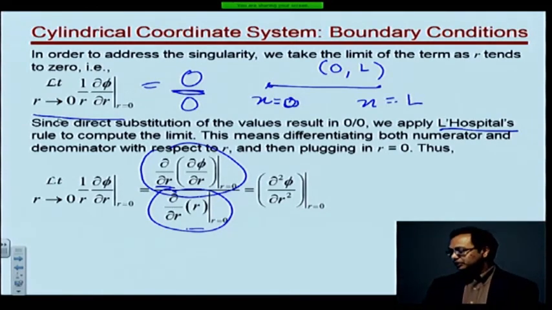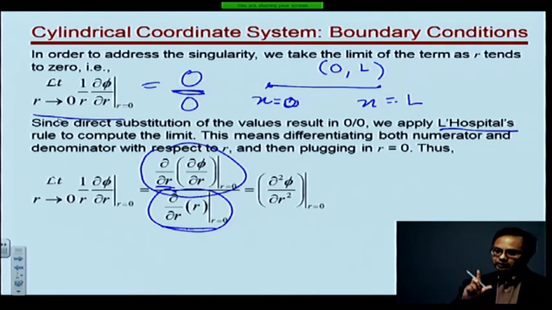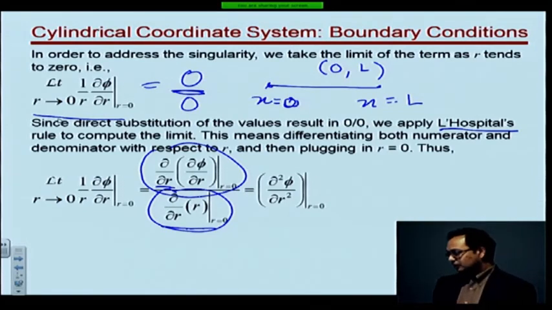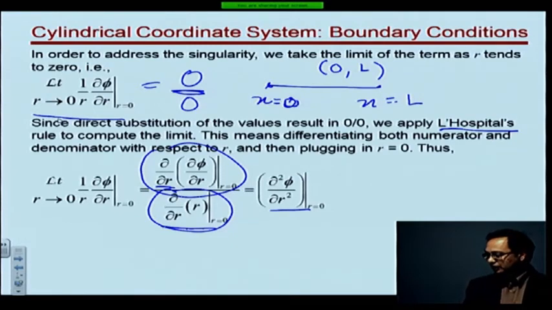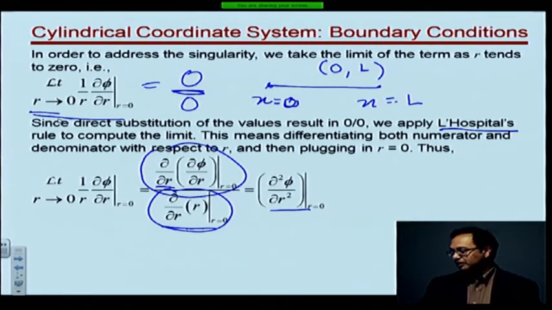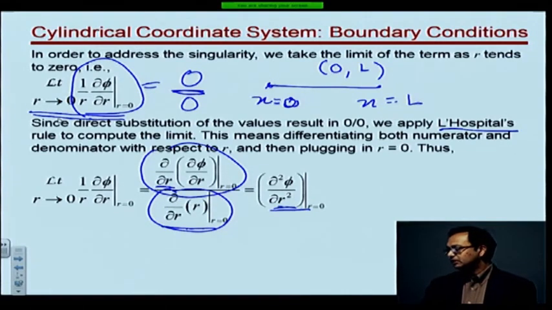Clearly you can see that the denominator, once we differentiate once, we just get 1, the constant. And then the numerator, we get the second derivative with respect to r, which gives me d square phi dr square at r equal to 0. Therefore in the limit r tending to 0, this quantity 1 over r d phi dr simply becomes the second derivative.